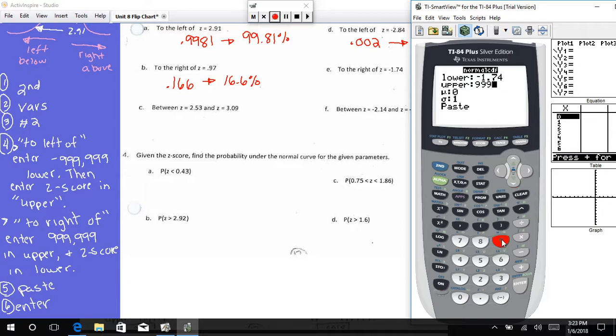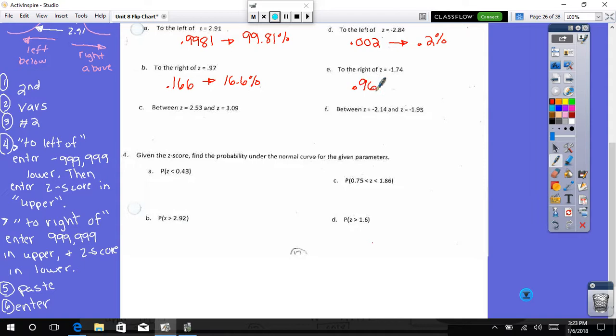I want to know to the right of, so pretty much infinite. Down to paste, enter. 0.959, so 0.96, which is 96%.